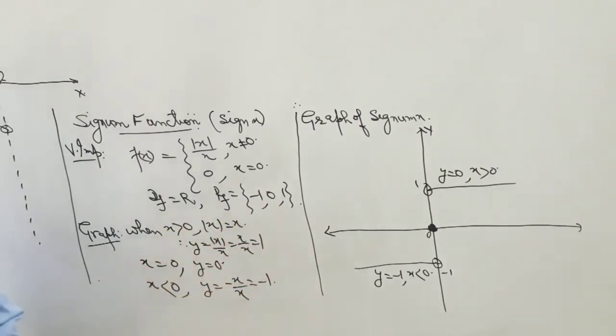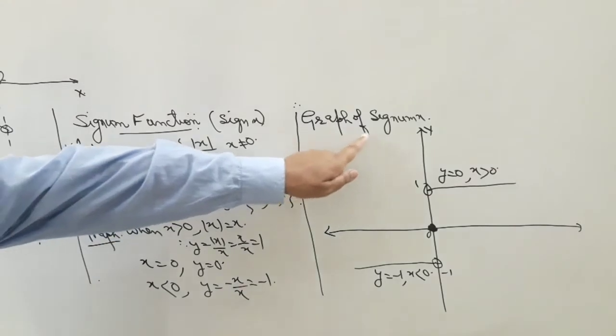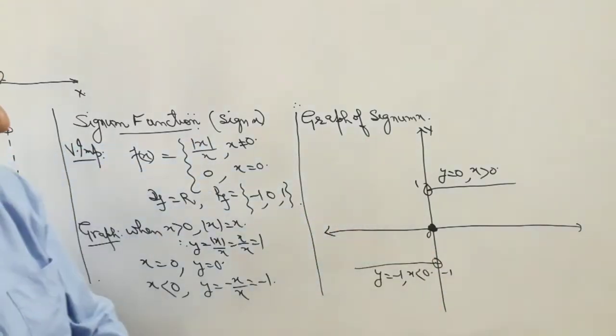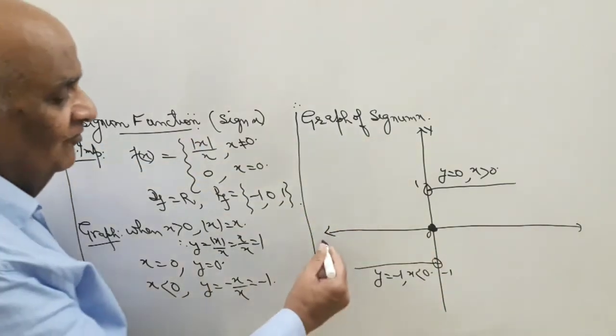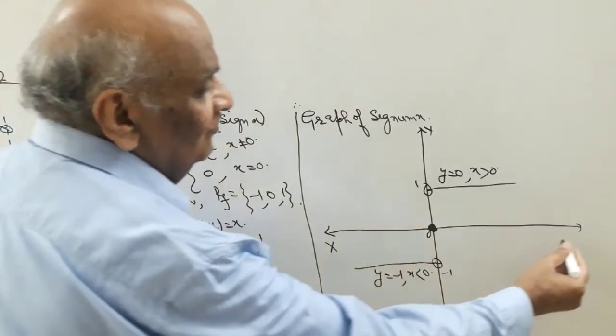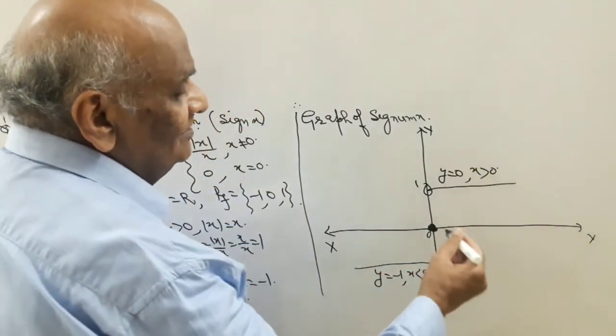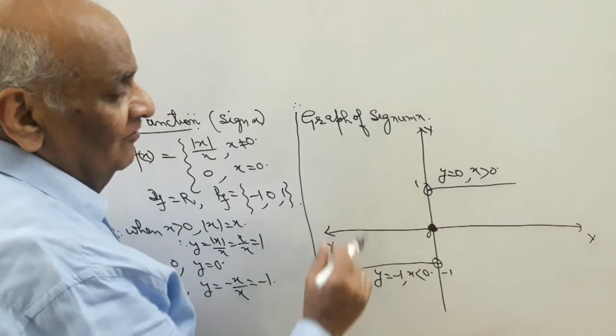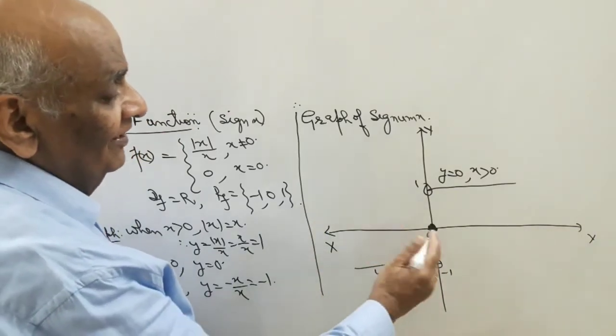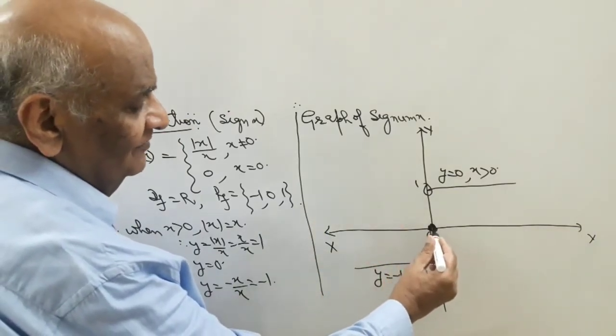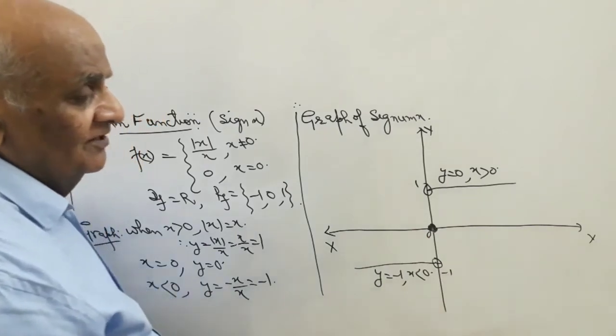Now for the graph of the signum function, take two perpendicular axes as before, x'ox, y'oy'. See now, when x is 0, y is 0. This is 1 point. Think about it, it is a closed interval.